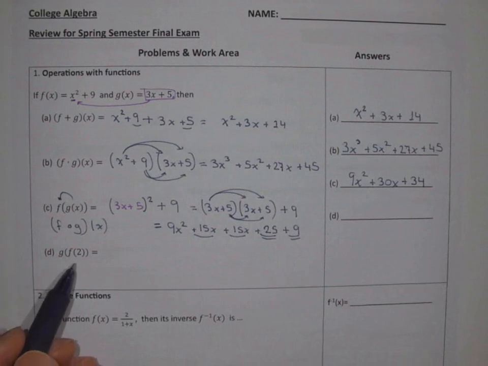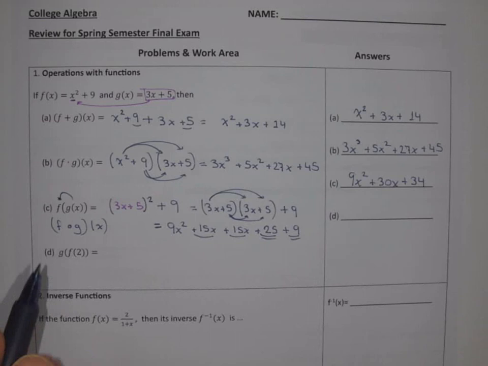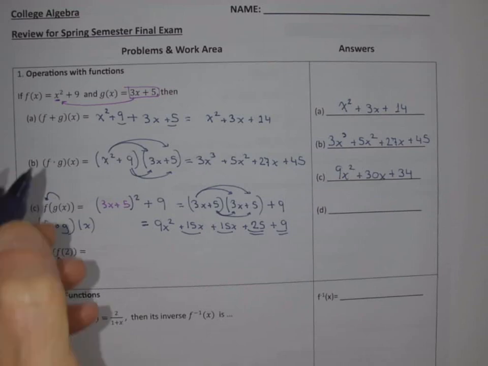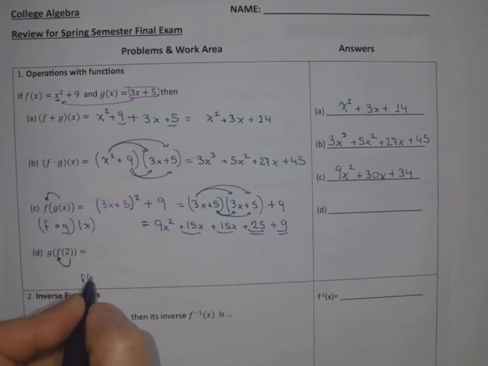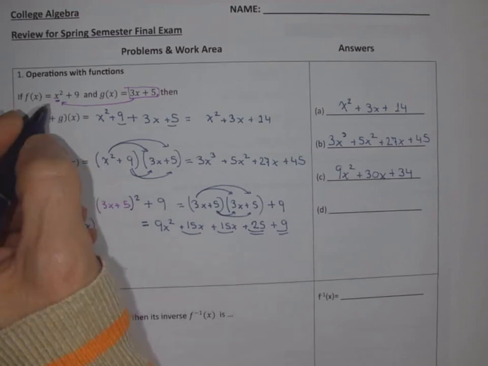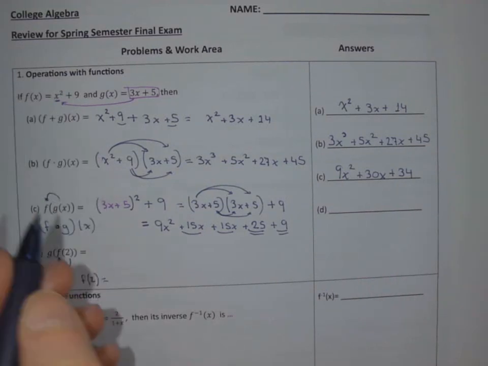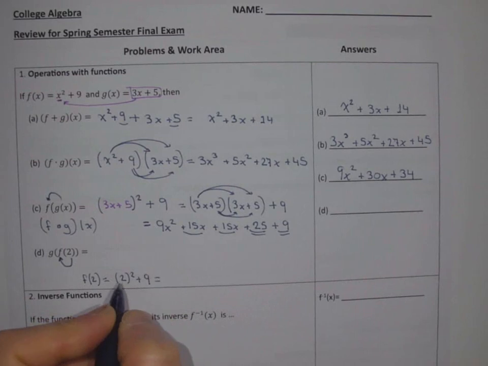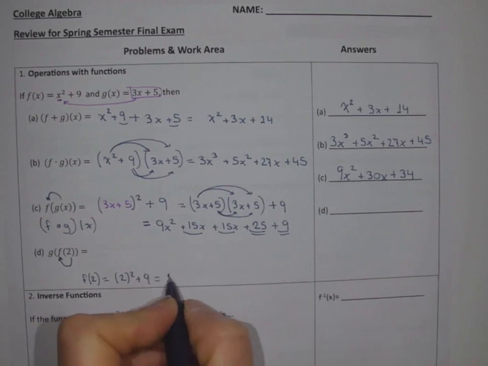For D, it is also a composition, but this time we are given a value to evaluate. So those are a little easier. It says, okay, take a 2, put it into your f function. So I'm going to my f function and I'm going to substitute in a 2. So that will be 2 squared plus 9, right? And 2 squared is 4, and 4 plus 9 is 13.